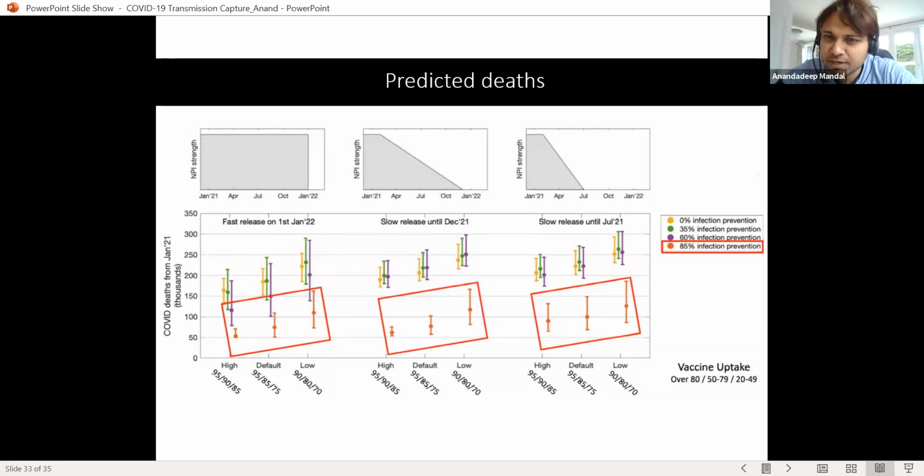In each of the cases, we have again taken 85% infection prevention. All the graphs are there for 85% and 0%, but we still believe that 85% is the one. The Oxford group has time and again confirmed the 85%, and we strongly believe in what they're doing. So that is it, basically.